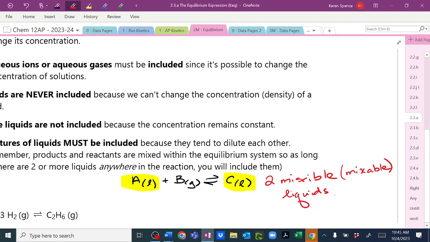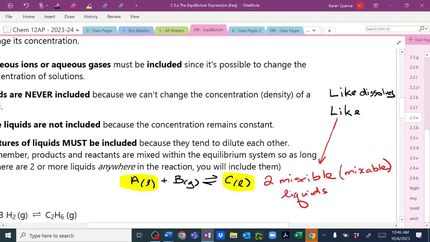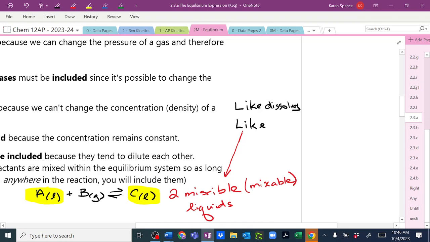Okay. How do you know if two liquids are miscible? What rule do you use? Ooh, I heard it. Hydrogen bonding. Like dissolves like. So what are we talking about when we're talking about like and unlike?